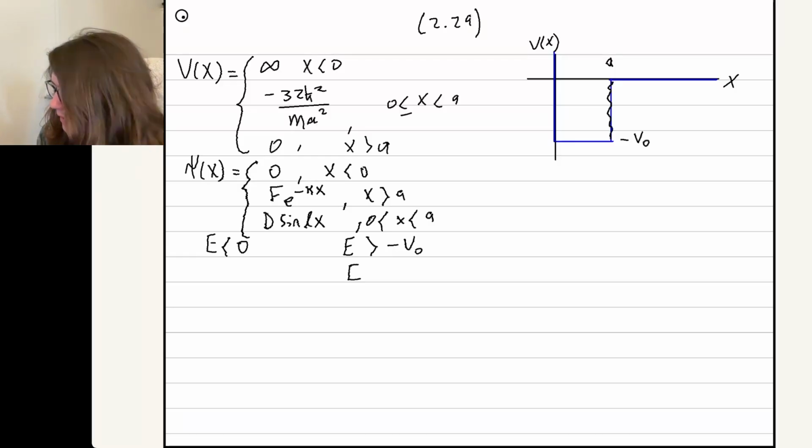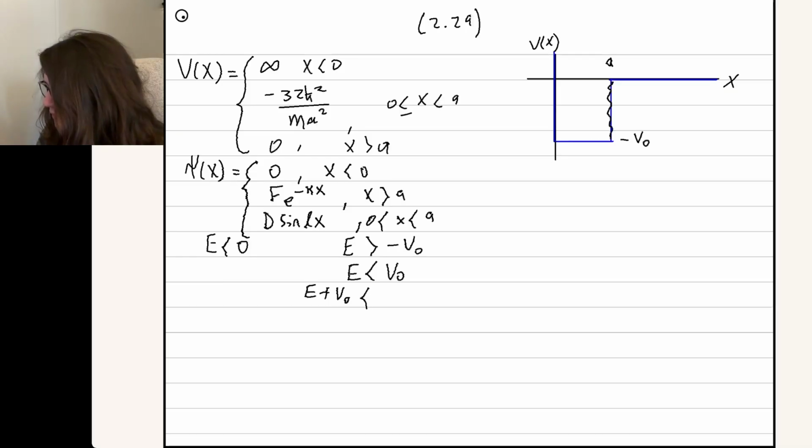So we found from problem 29 an expression for E plus V naught, not just E. I'm going to write it like this: E plus V naught is less than V naught.